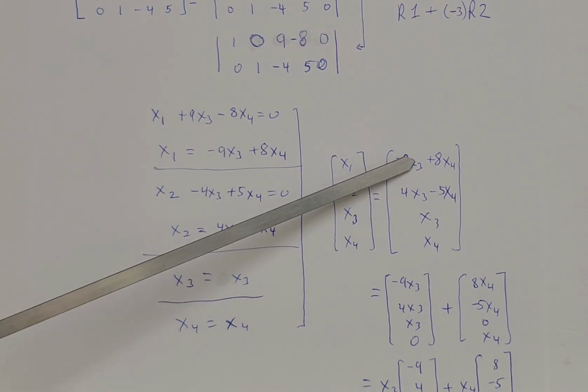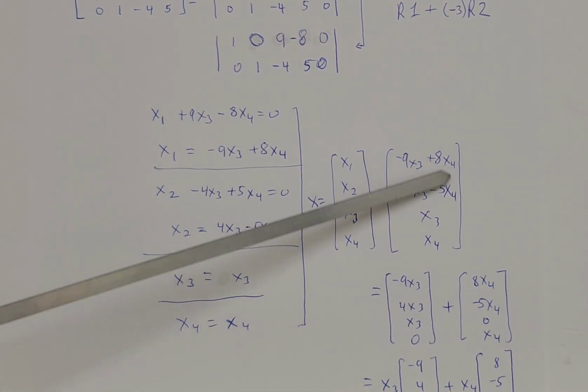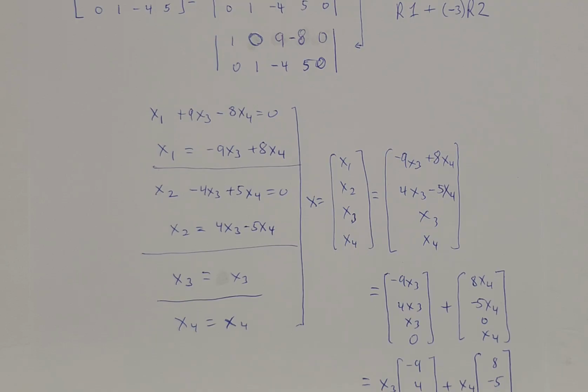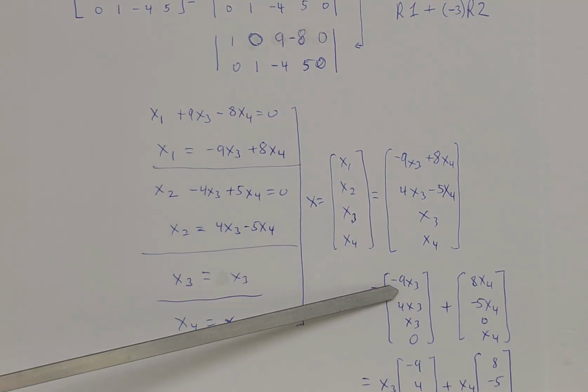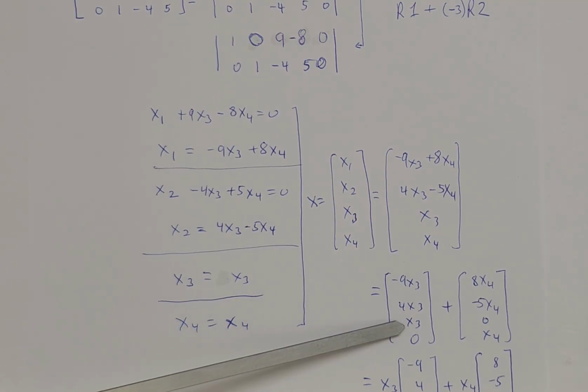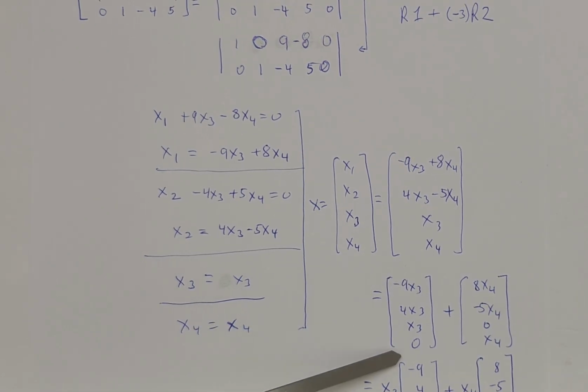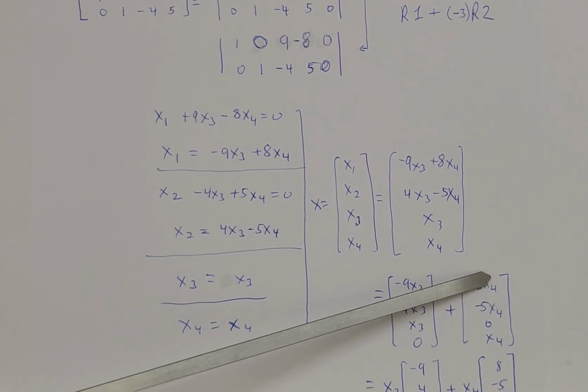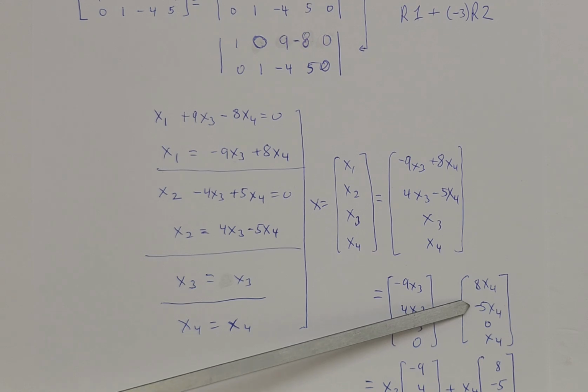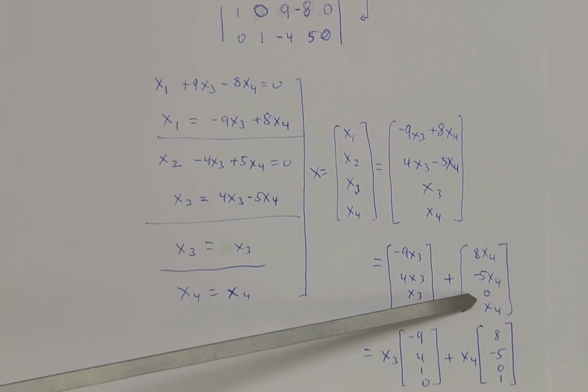So separate all the x3, separate all the x4. First variable, second variable, third variable. There's nothing for the fourth variable of x3, so that's why it's 0.